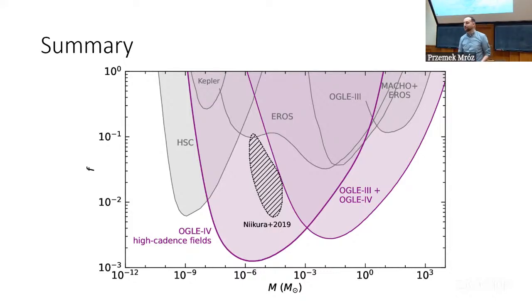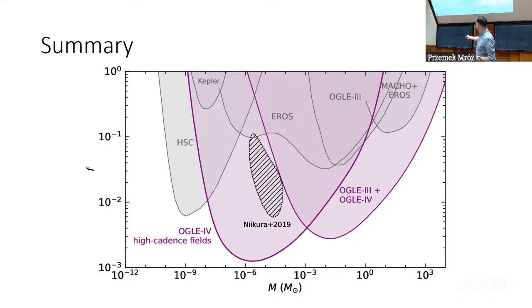Yes, well, we think that it will be really difficult to improve on these limits. You cannot really improve on the high mass end because it would require another 10 or 20 years of observations, and that's hard to get. And we cannot really improve on the low mass end because we are fundamentally limited by finite source effects.